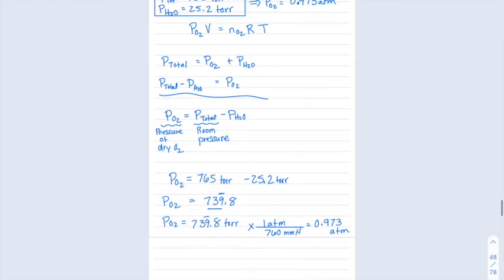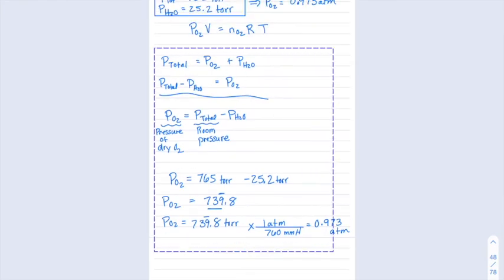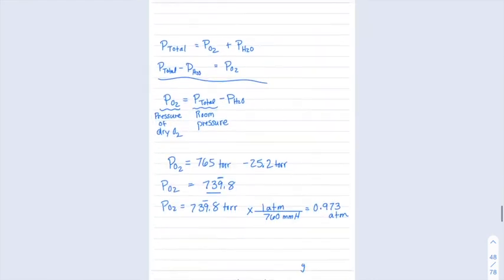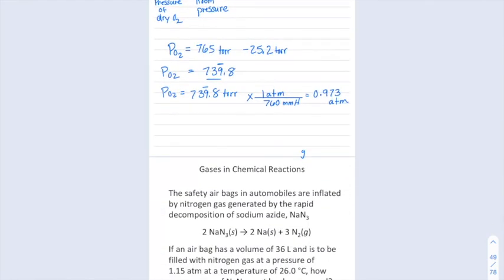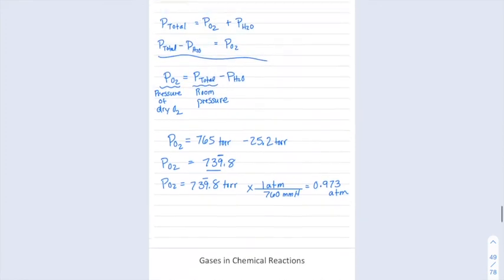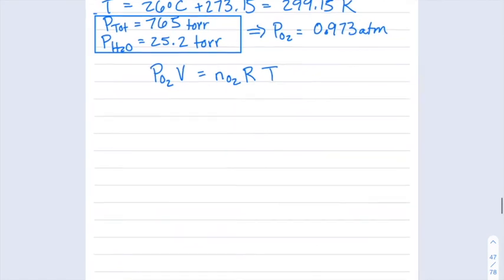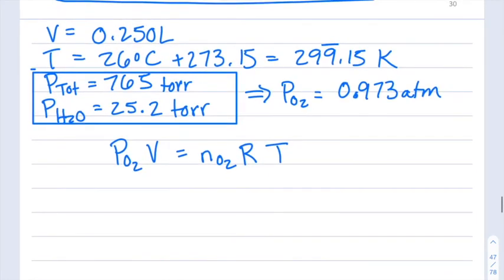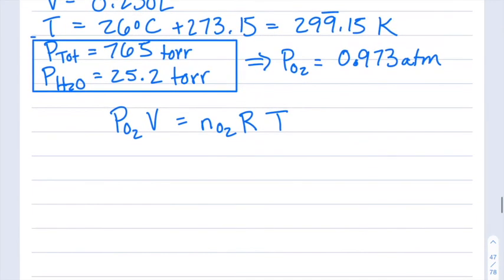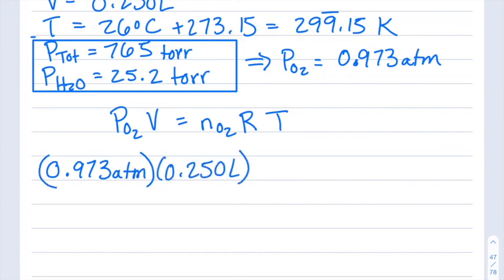So let me move all this out of our way. Something lost a G for grams. All right. Okay, so let's go ahead and plug in here. So the pressure of O2, 0.973 atm. So we said our volume was 0.250 liters.